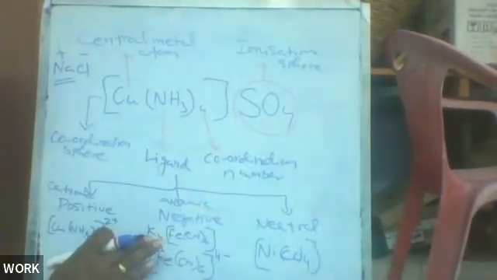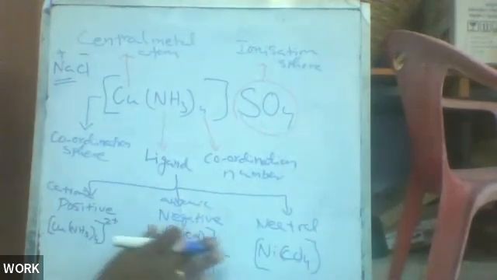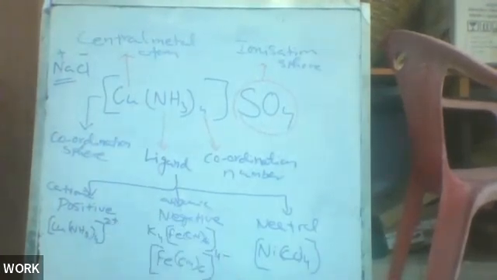When some atoms are written first and then the coordination sphere, it's a negative complex. If nothing else is written, it's a neutral one. Is it okay or not? Shall we move further? Yes, sir.